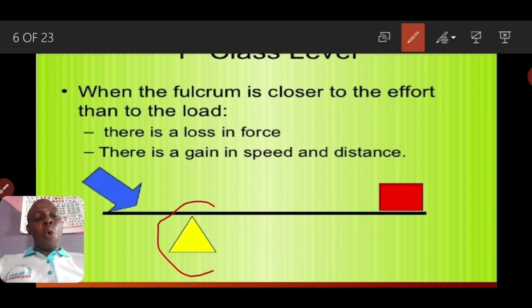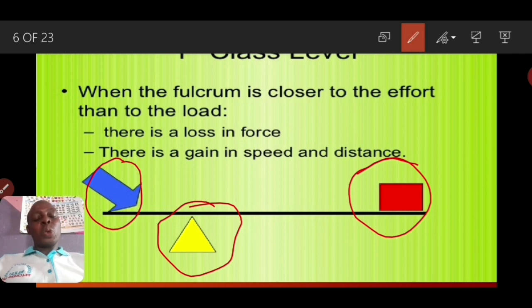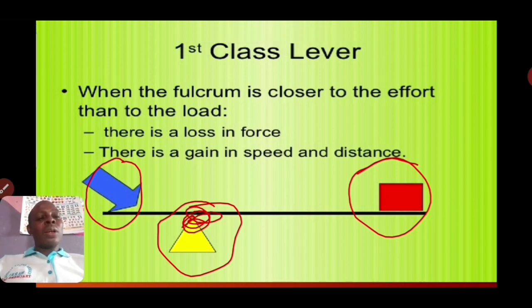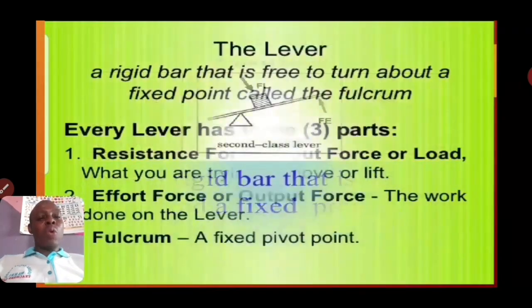This is called the fulcrum. This is called the load, and this is the effort. So the lever is a straight bar that turns around a fixed point. This is the fixed point, the fulcrum. Is that clear?